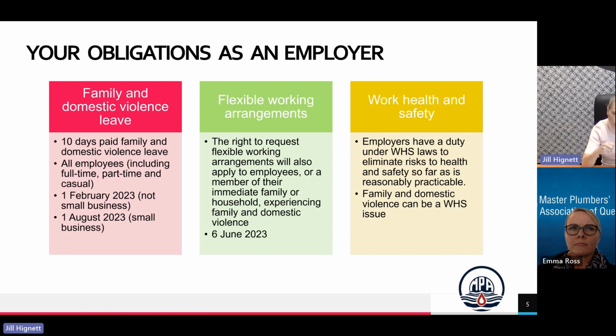So you can do it for a short period of time. It doesn't have to be ongoing, but that could be one way you would address it, to say you've got 10 days. How about for the next 10 weeks, you do 4 days work, you take 1 day family and domestic violence leave, and then we can assess this flexible working arrangement after that. So that's an example of how you could deal with both.